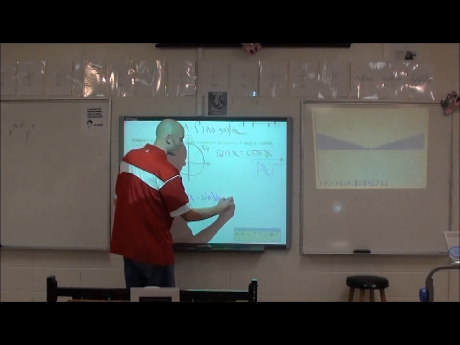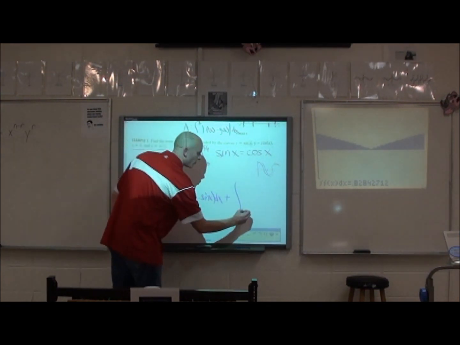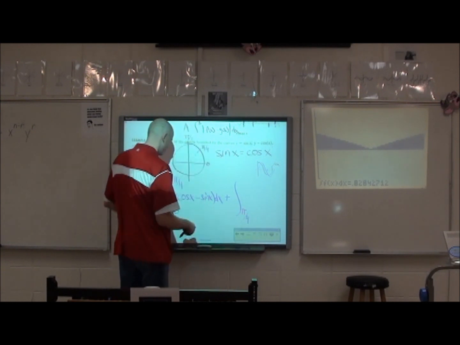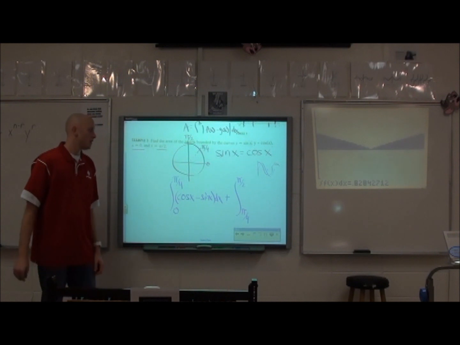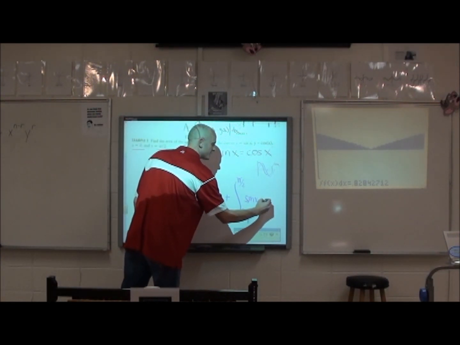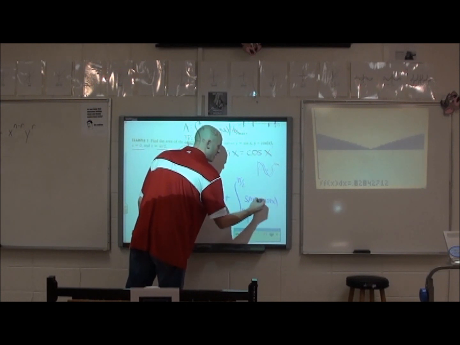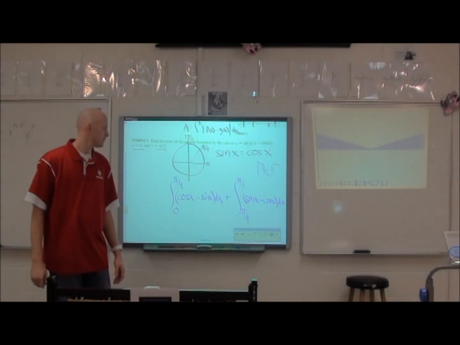So we will have plus the area from pi over 4 to pi over 2 of the top curve, which is now sine of x, minus the bottom curve, which is now cosine of x. And of course it's a dx.